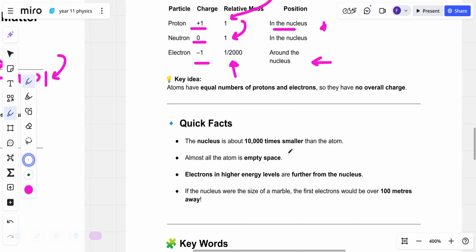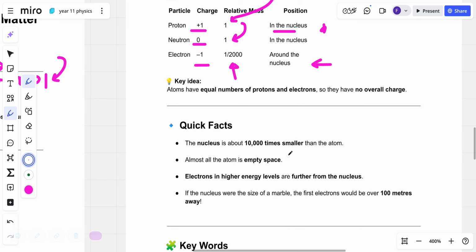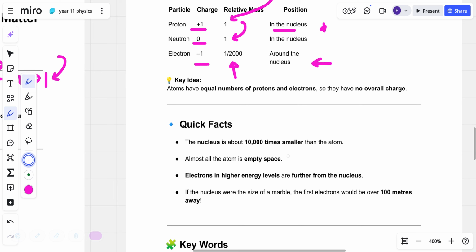Now, in an atom, be very careful. I'm not talking about chloride ions or sodium ions or iron. I'm not talking about ions at all. I am talking about atoms. They have equal numbers of protons and electrons, and overall they have no charge. I like to use the word neutral, though you don't have to.